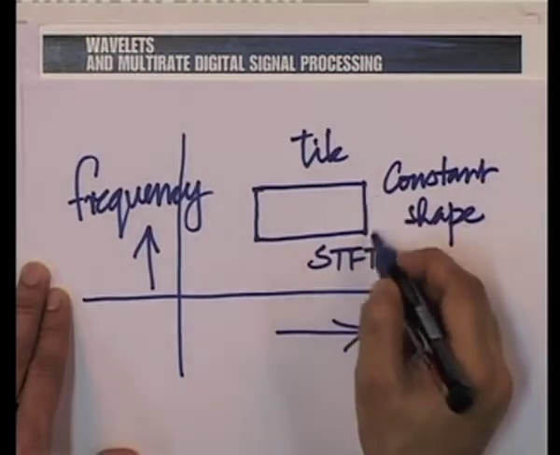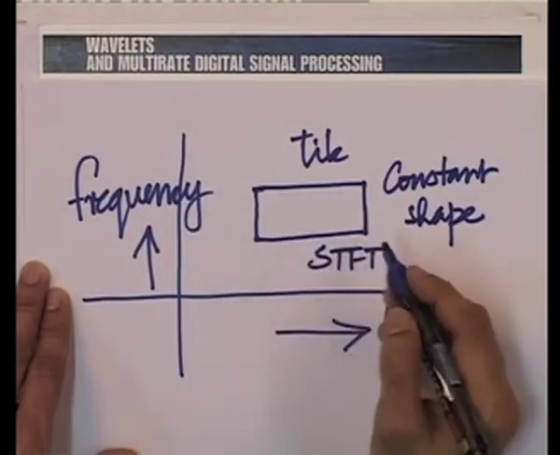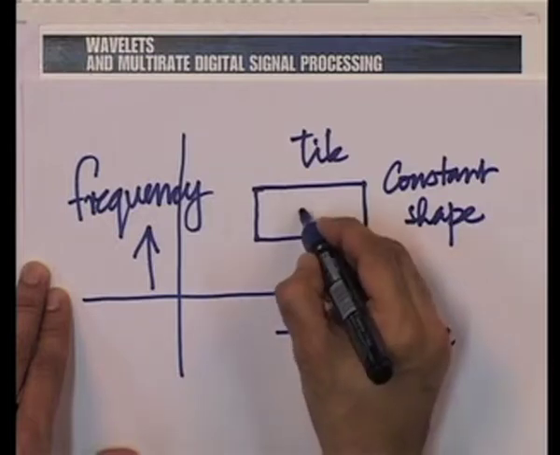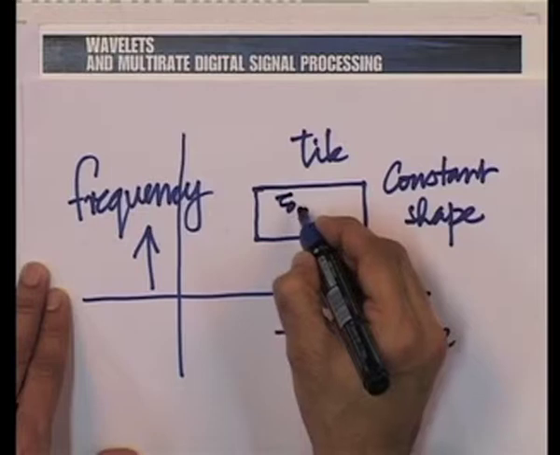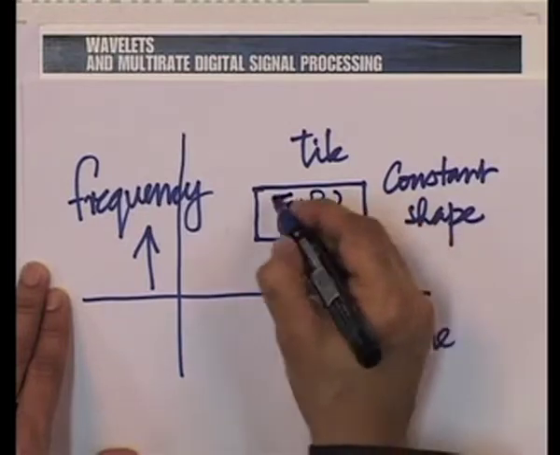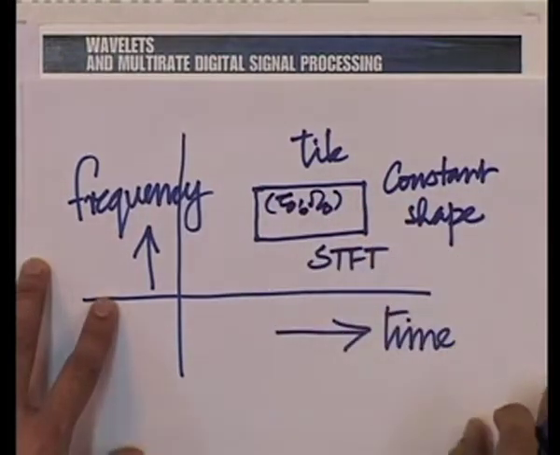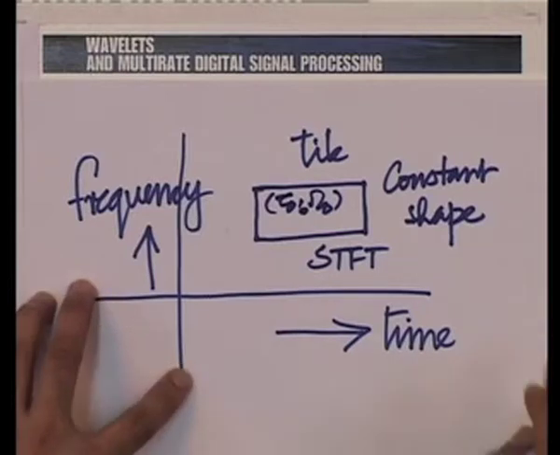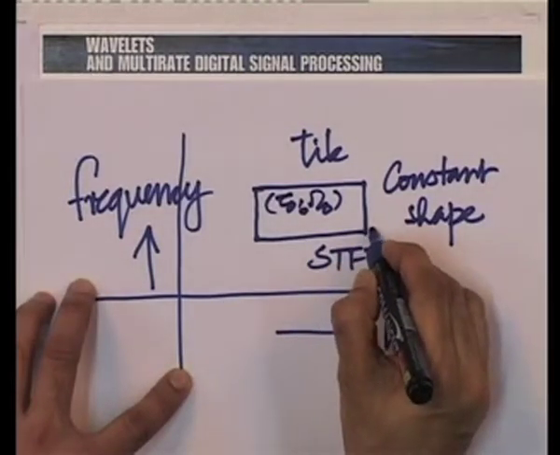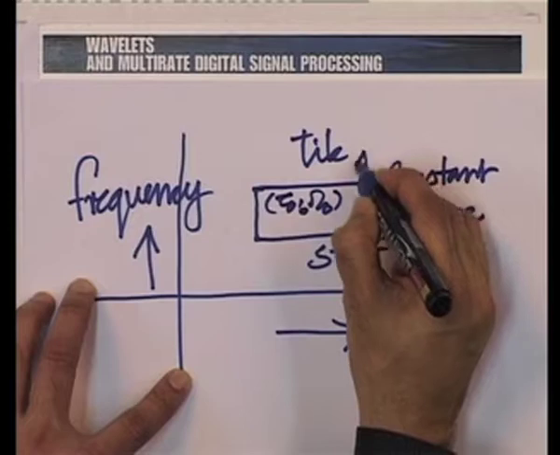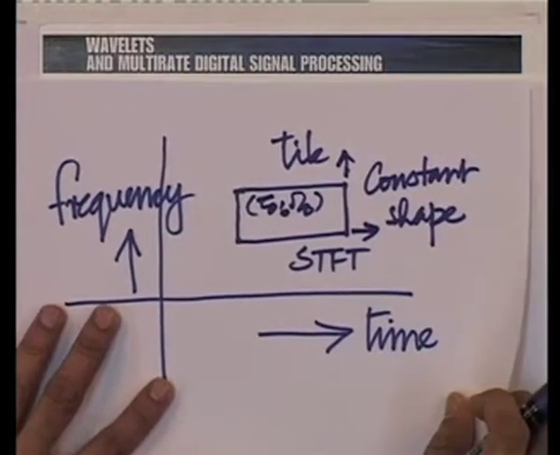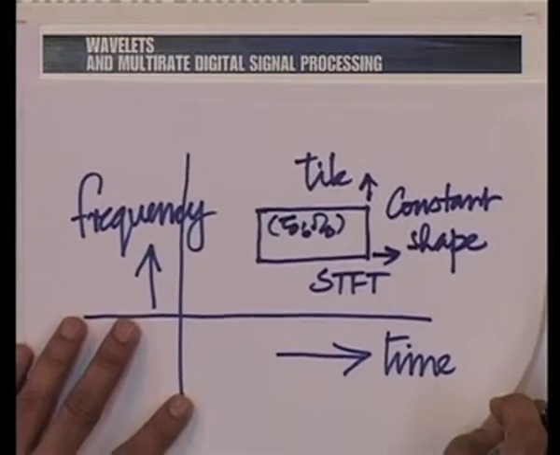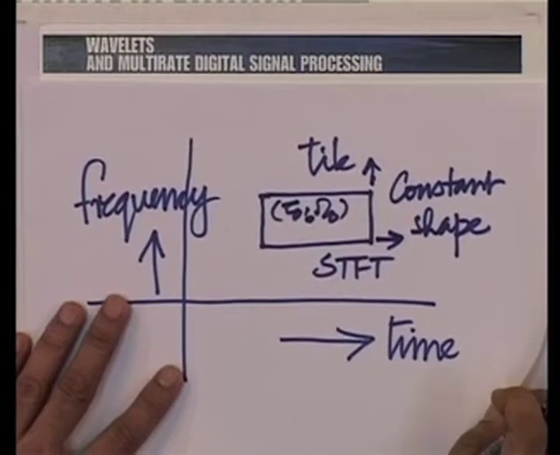Constant shape means its height and breadth are fixed as a function of tau naught and omega naught. And essentially, you should visualize this tau naught and omega naught moving horizontally and vertically. So, it is this very tile, just graphically to explain, it is this very tile that moves like this.